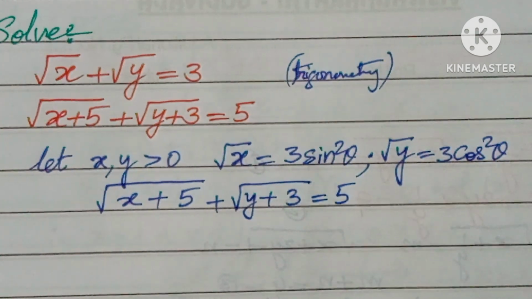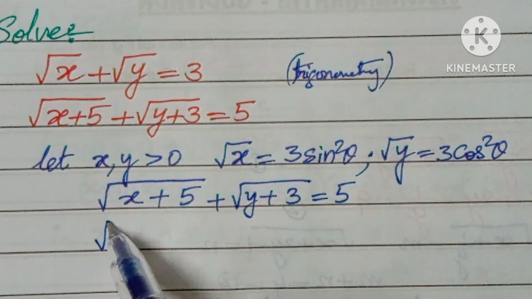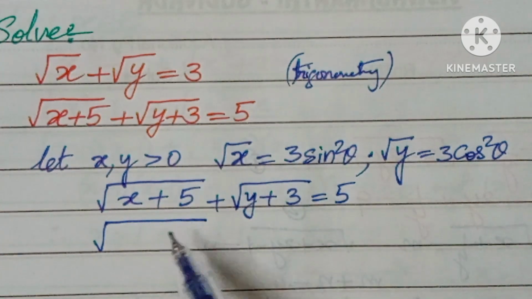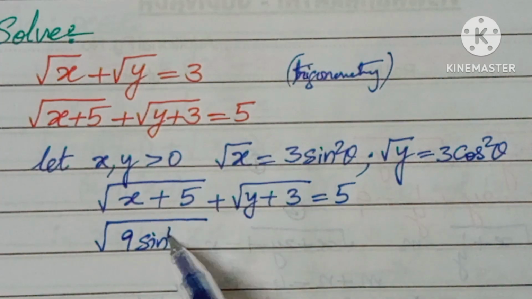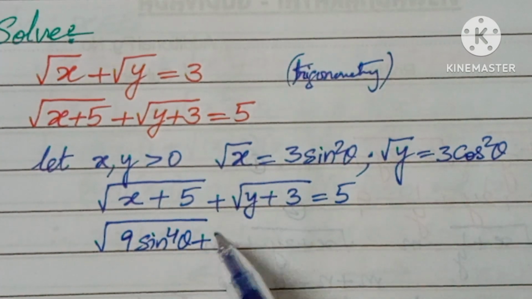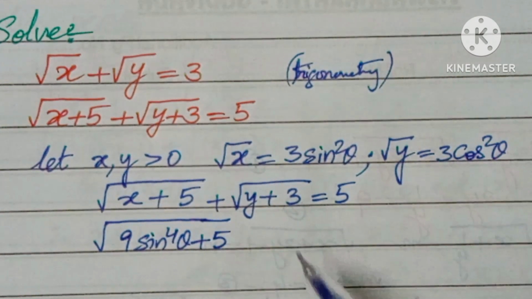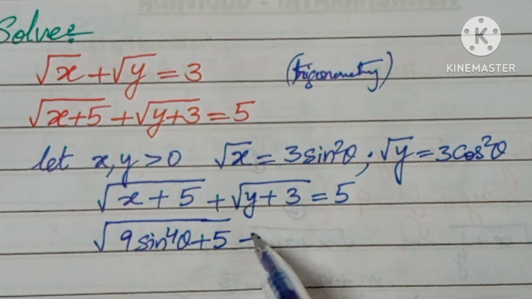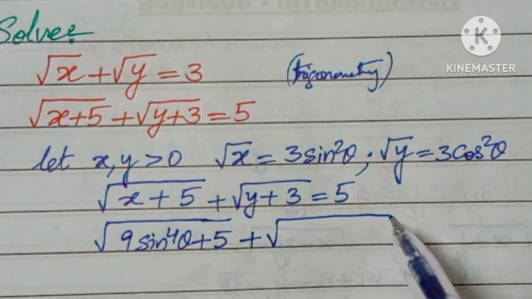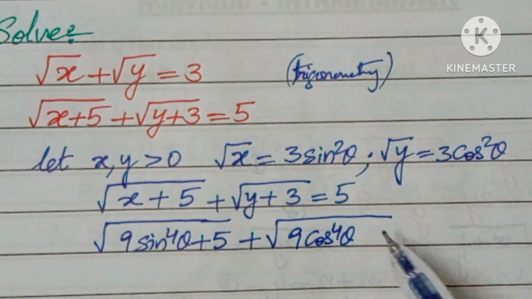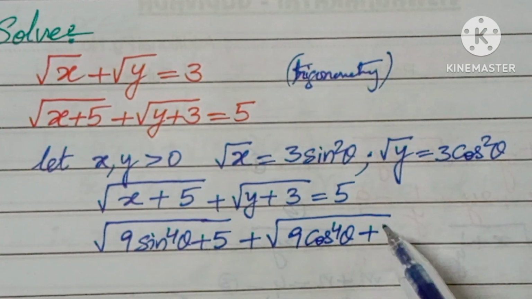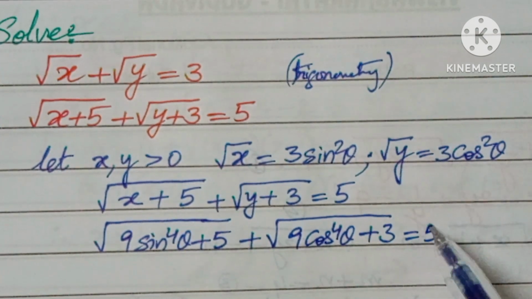If you substitute the x value here, you will get root of 9 sine to the power of 4 theta plus 5, plus square root of 9 cos power 4 theta plus 3, is equal to 5.